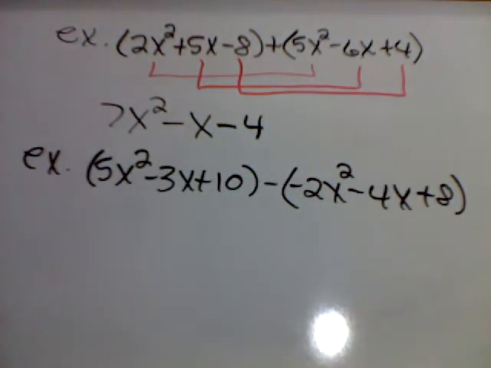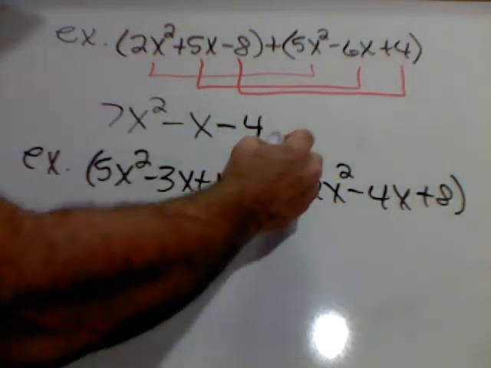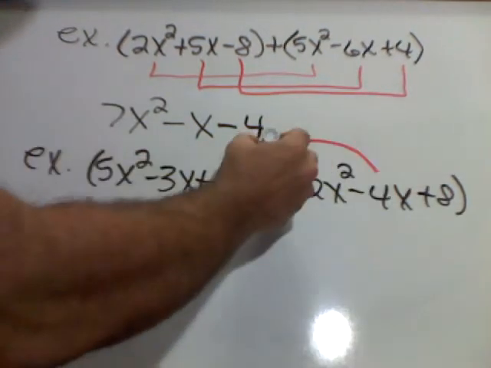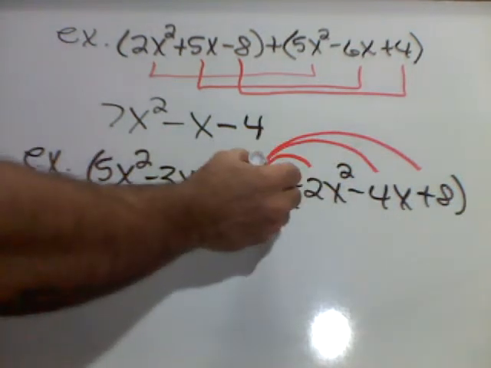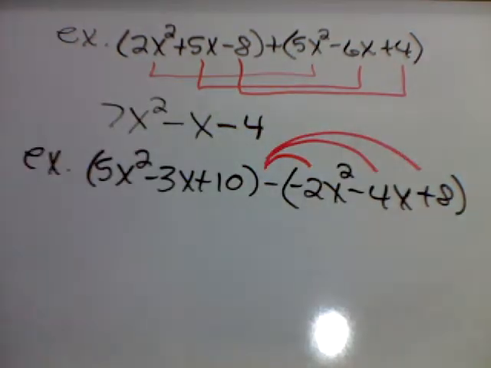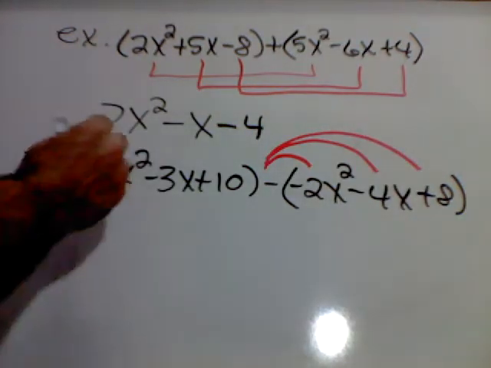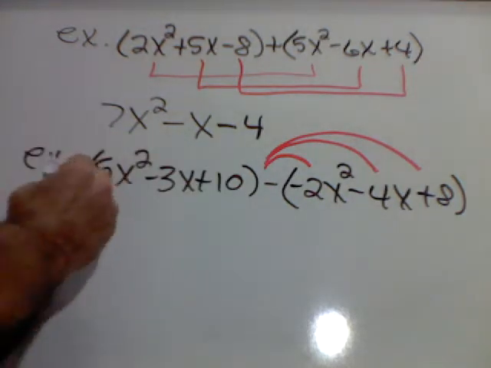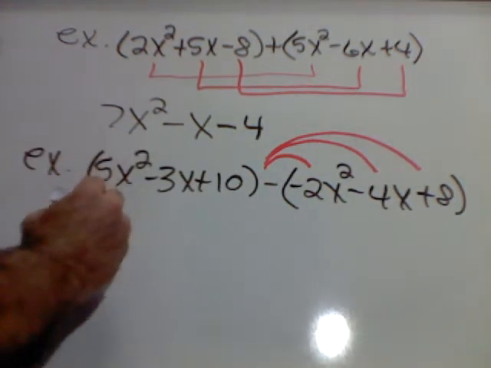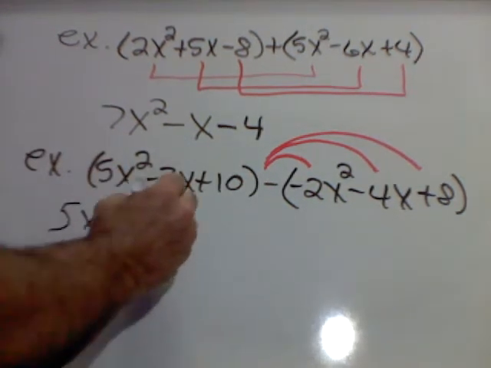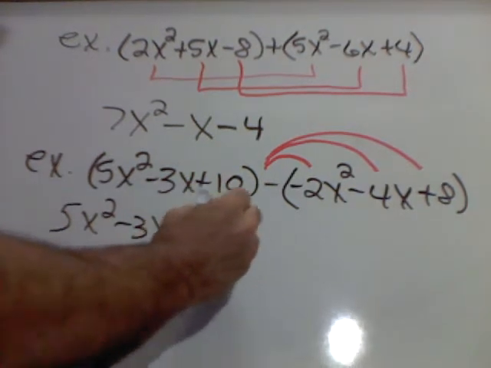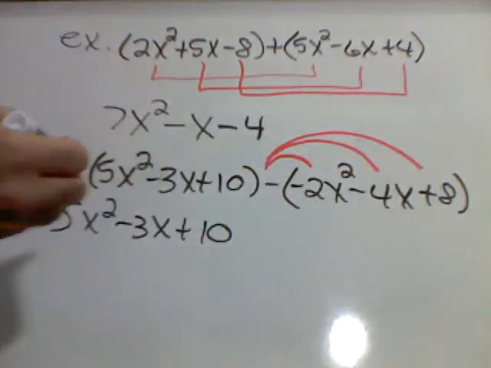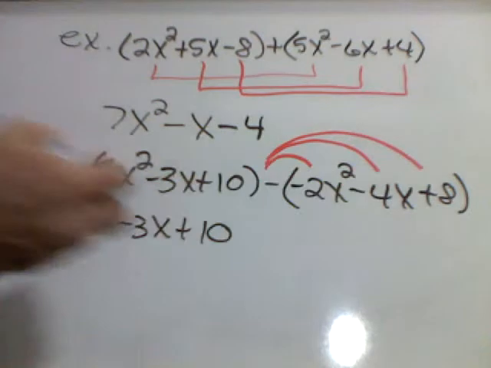Now, when I have subtraction, I like to rewrite this without parentheses because I've got to make sure that I distribute this negative to all three of those. So, rewriting this, nothing in front of these parentheses, so I just write this as 5x squared minus 3x plus 10.